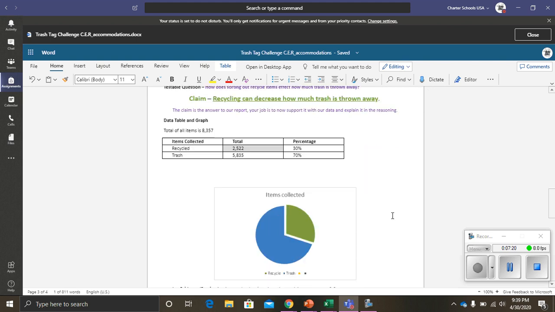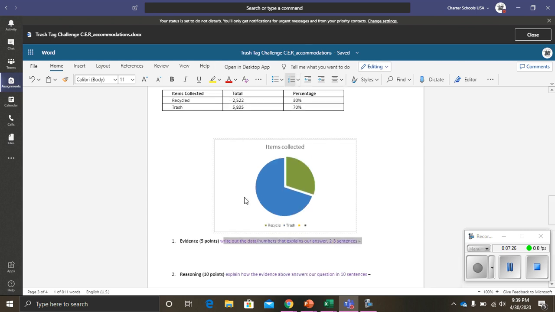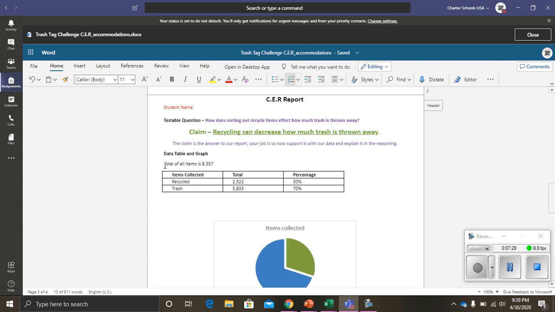So when you go down here to evidence, it says write out the data and numbers that explain our answer. You're going to talk about what I just said. We had all of these items. Remember how up here I talked about recycling? That's what you're going to talk about.